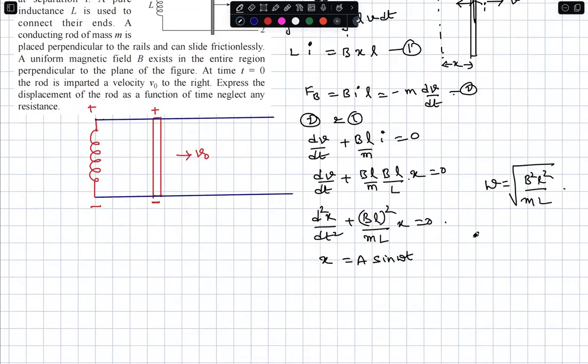Sir, you may ask me, how do I know A? What is V naught? At the equilibrium, x is equal to 0, its velocity is maximum, the expression is omega A. Therefore, A can be written as V naught by omega, so x is V naught by omega sin omega t.